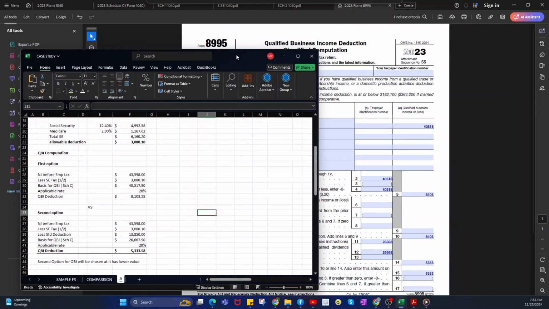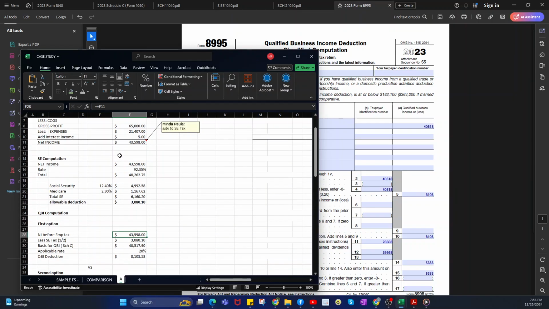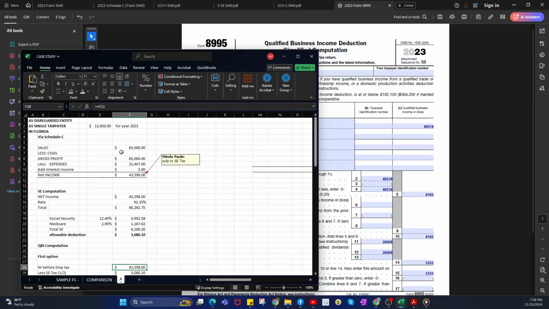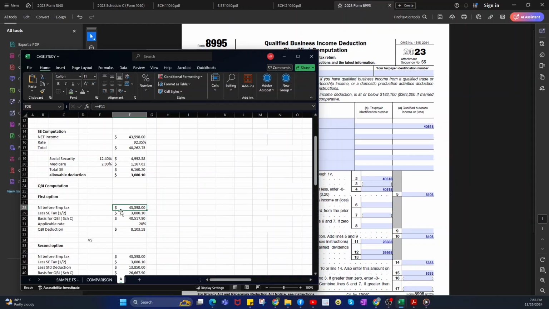If you will notice in the 1040, our actual net income before the self-employment tax is 53,598. How did we arrive at that? The sales less expenses, and then we add interest income. That's the net income before the self-employment tax, and then we only reduce it by half of the self-employment tax that we computed. So that will be the first basis for our QBI.